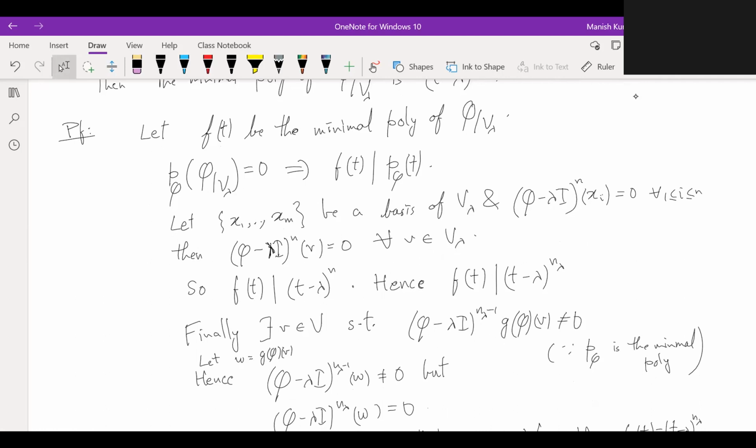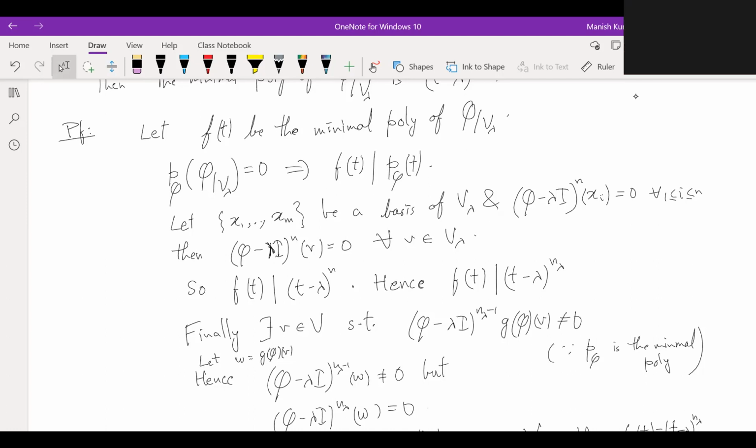So we can find a vector such that when we plug it into that linear operator, we get something non-zero. Okay, is that okay? Yes.